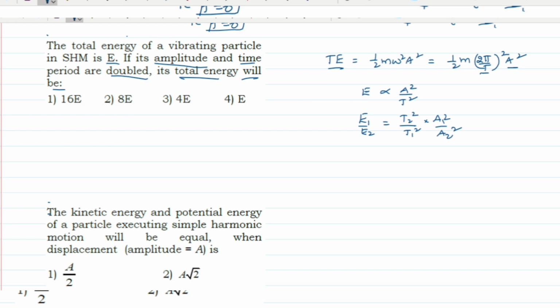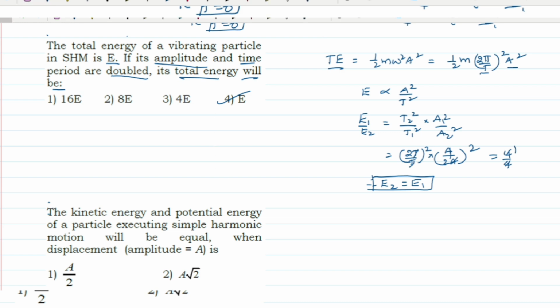The time period and amplitude are both doubled, so it becomes (2T by T) whole square into (A by 2A) whole square. A gets cancelled, T gets cancelled, 2 square is 4, so 4 by 4 gets cancelled, therefore E1 by E2 equals 1. So its total energy will be E alone.